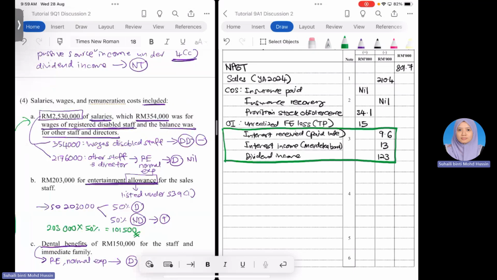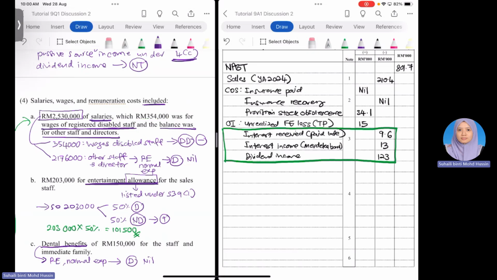Okay, alright. Total salary, wages and remuneration 4 million ringgit. From this amount of 4 million ringgit, the company paid the exact salary 2.53 million ringgit. And from this 2.53 million ringgit, the company paid 354,000 ringgit to the disabled staff.